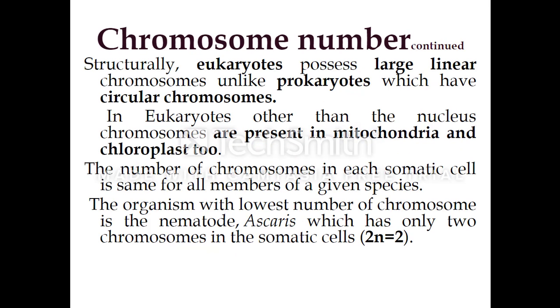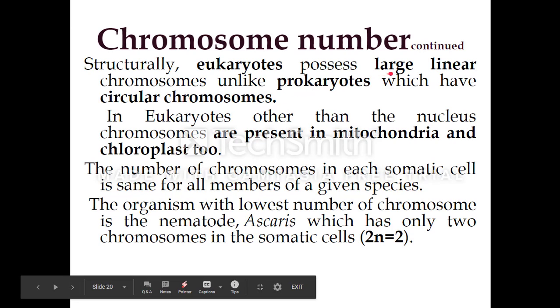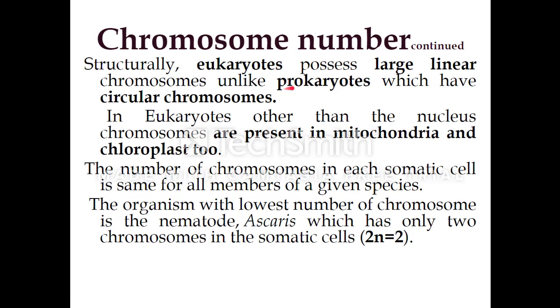Structurally, eukaryotes possess large linear chromosomes, unlike prokaryotes which have circular chromosomes.